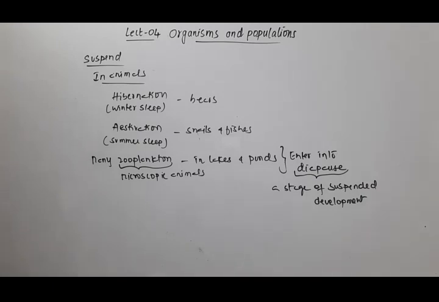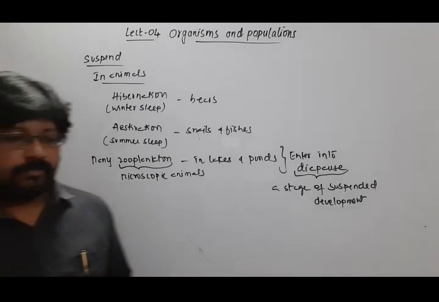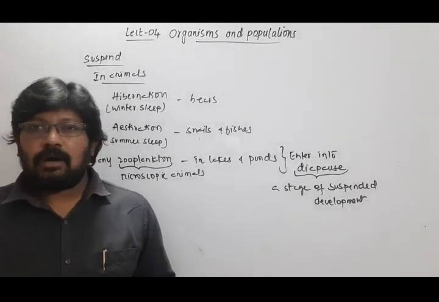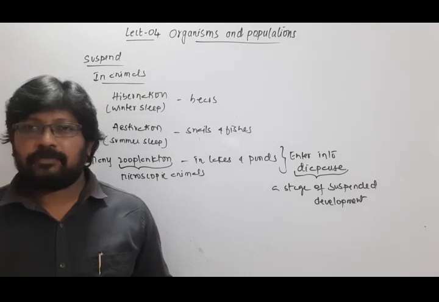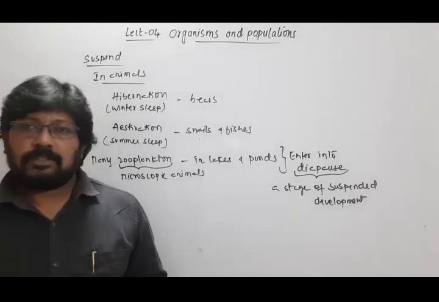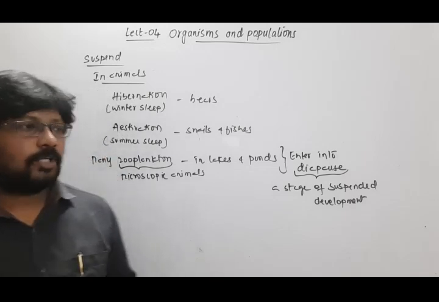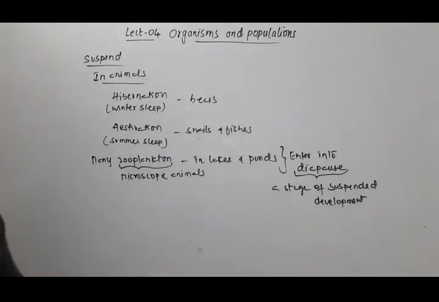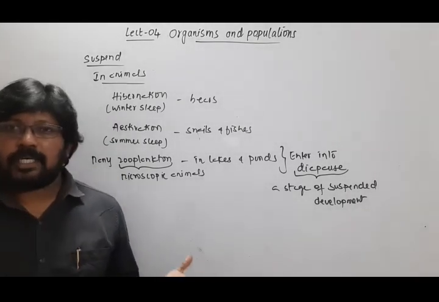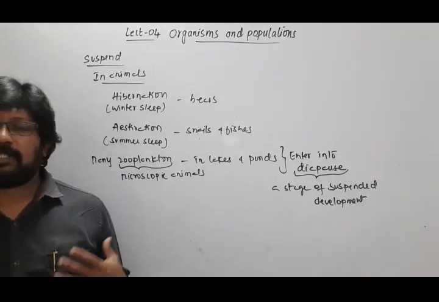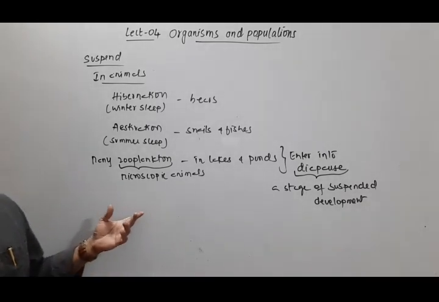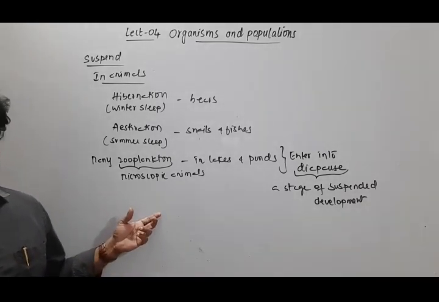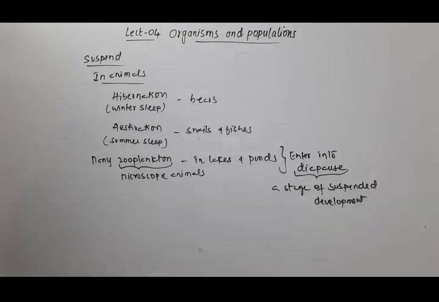So when the conditions are unfavorable and the organisms are not able to move away from that unfavorable area, the organisms need to show various types of mechanisms like hibernation, estivation, or some organisms will enter into this suspended development stage called diapause. So that's all about the responses to abiotic factors.